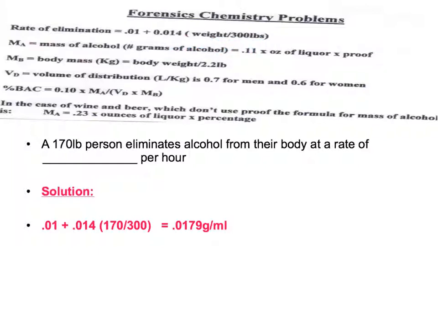Now that's a standard. So we have 0.01 plus 0.014 times the 170-pound person divided by 300. We do our math, and we get that they eliminate 0.0179 grams of alcohol per milliliter per hour.